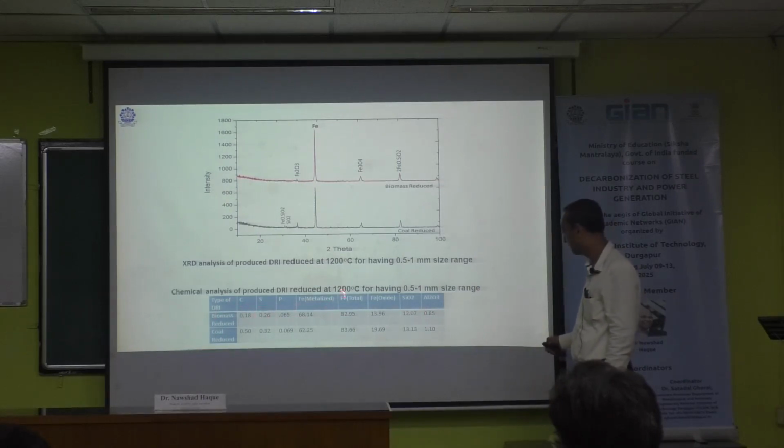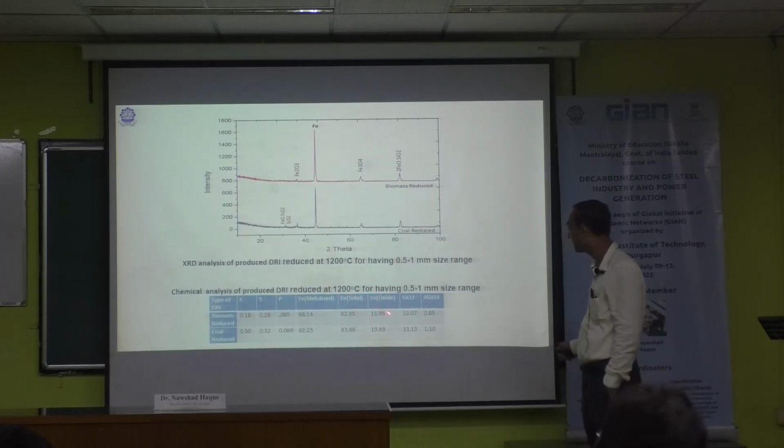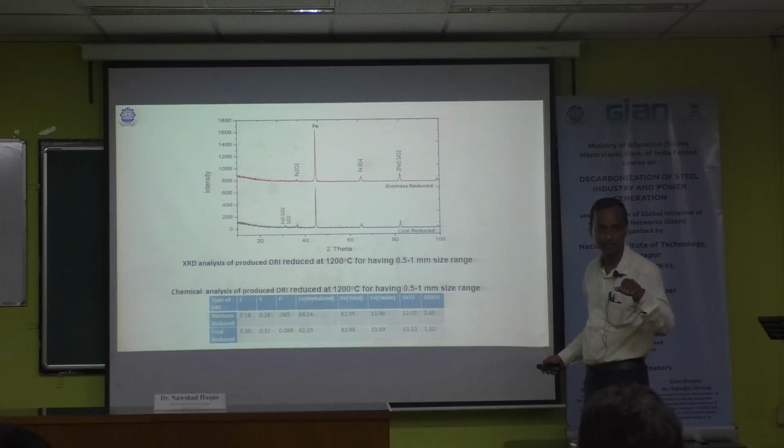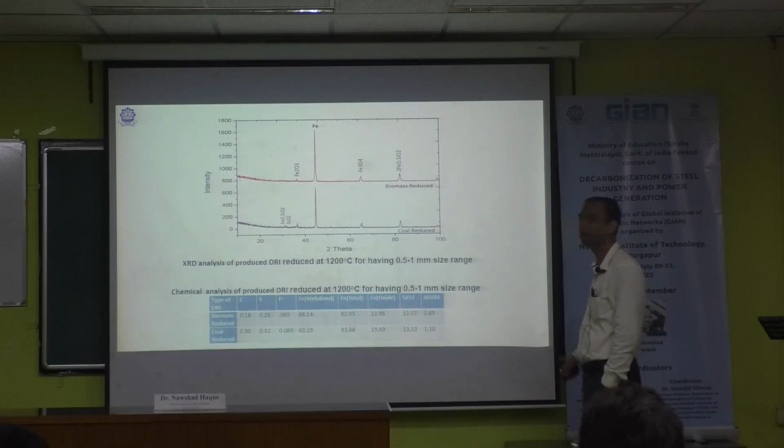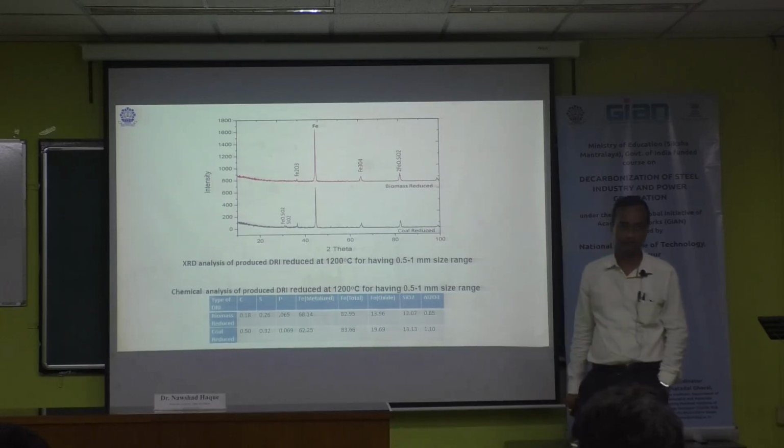And inside this DRI having 78% metallization, Fe total is 82.95%, Fe in oxide form is 13.96%, and silica is present in the DRI as entrapped. Inside the DRI silica should not be there, but it is in entrapped condition. SiO2 present is 12.07, Al2O3 content is 0.8.